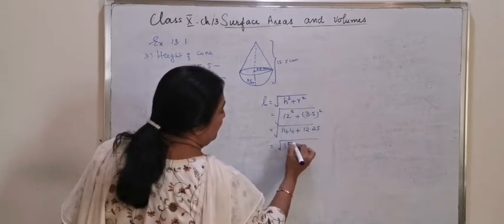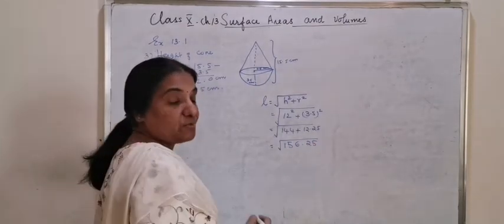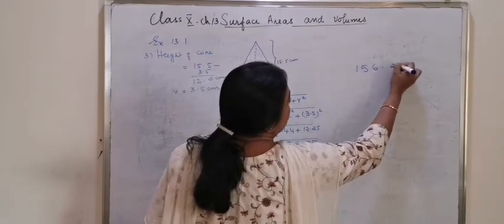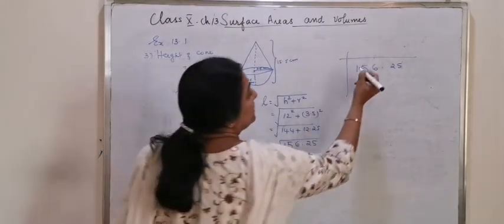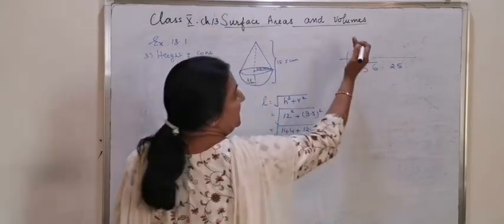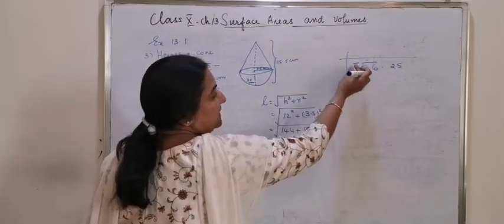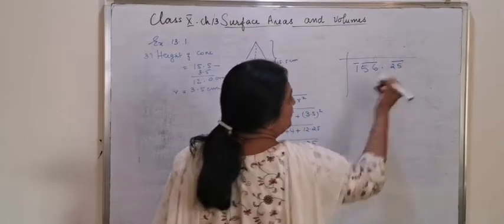square root of 156.25. How to find out the square root? By long division method. 156.25. The whole number part will start from the right group, from the ones place by twos, whereas in the decimal place from the left.